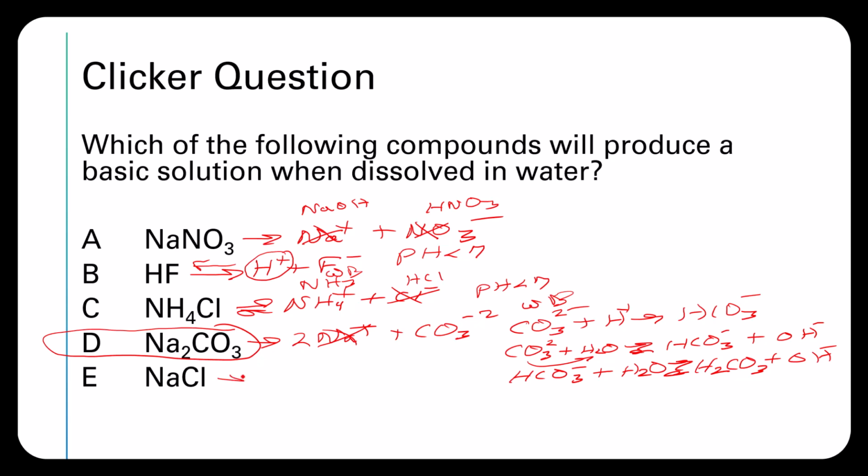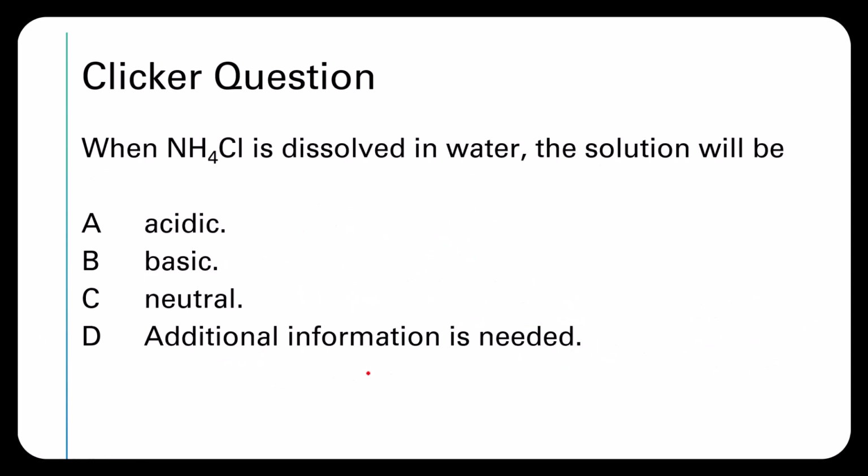Sodium chloride, on the other hand, is a neutral salt. You've got a neutral cation, sodium cation, and a neutral anion, chloride ion. When NH4Cl is dissolved in water, the solution will be, hopefully by now, you have worked this out.